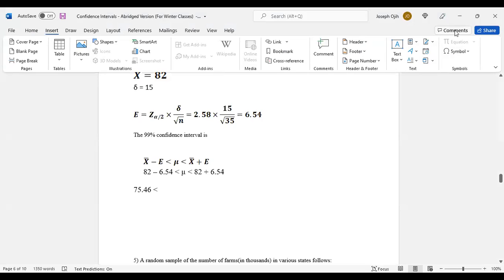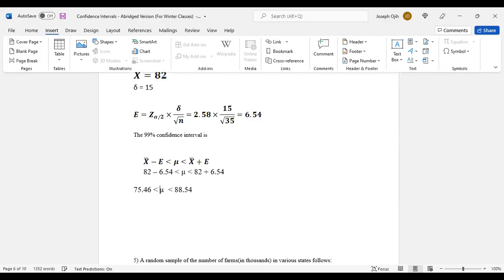Then add it on this side. If you add this, you're going to get, sorry, actually 88.54. Now, with this, we have our confidence interval.